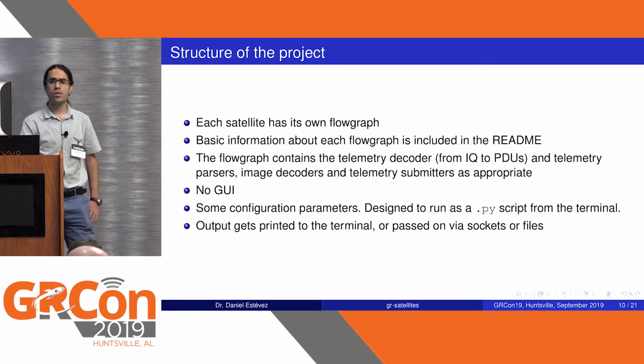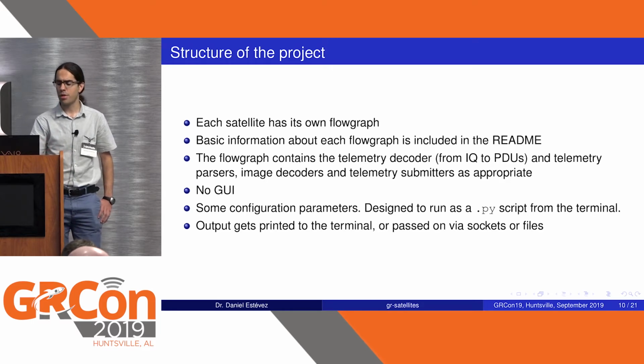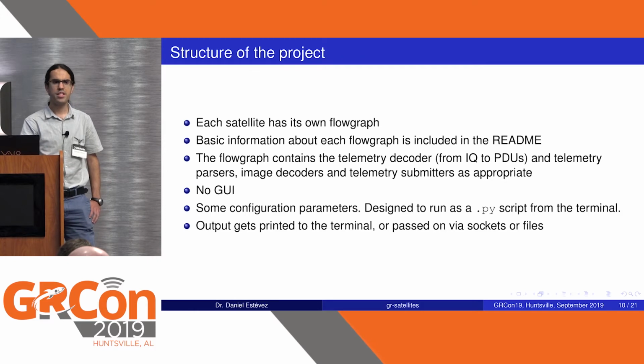And then, depending on each particular satellite, it can have telemetry parsers, which decode the data into readable numbers, such as voltages, temperatures, and so on. This is done using a very useful Python library called construct, which can parse binary data and also build binary data.